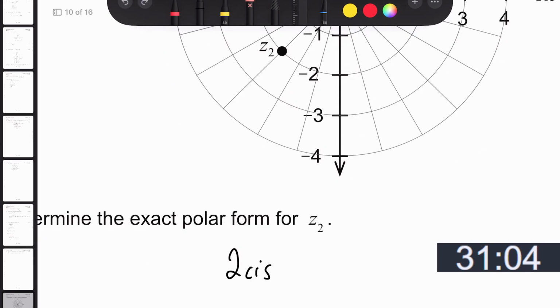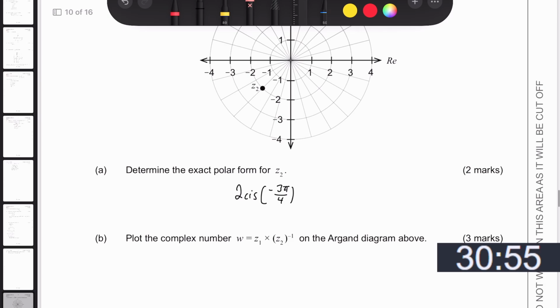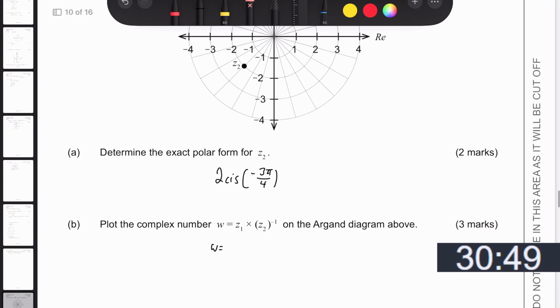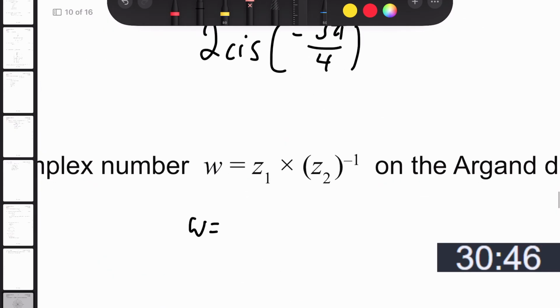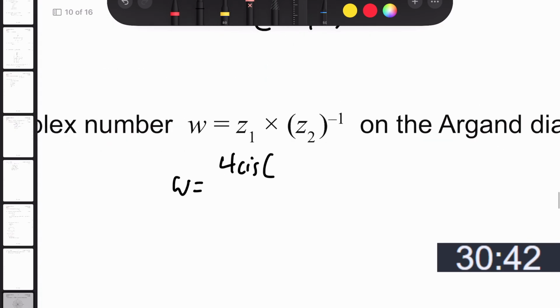So 9 on 12, it's going to be negative 3 pi on 4. Plot the complex number W on the Argand diagram. So W is going to be equal to 4 cis of 5 pi on 6.